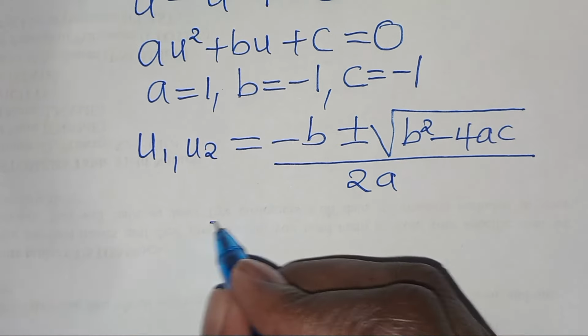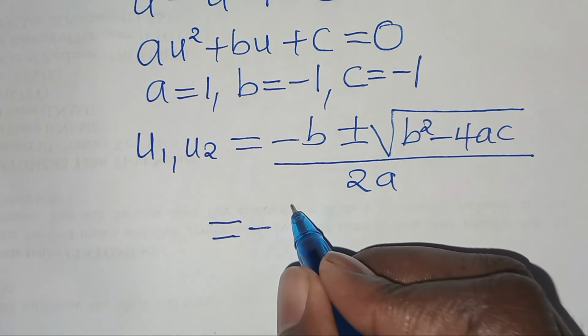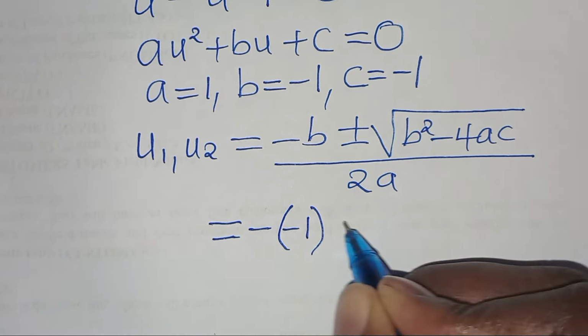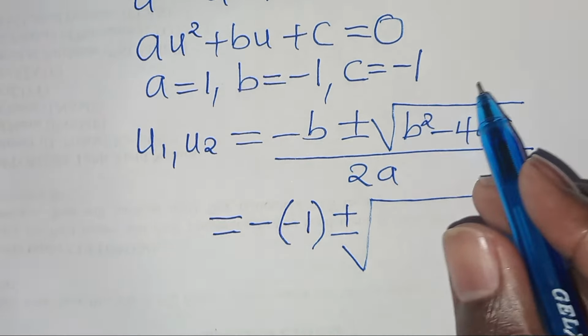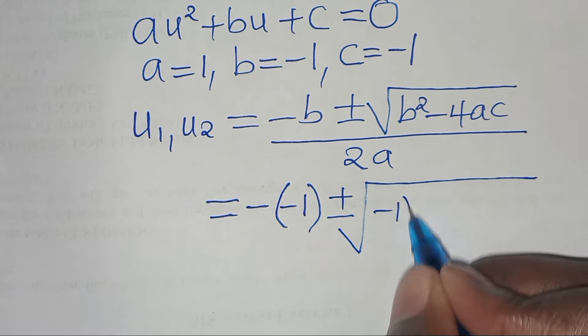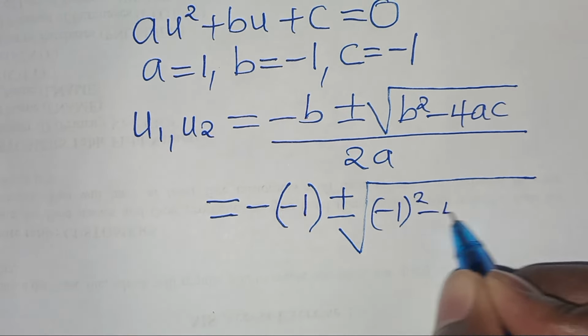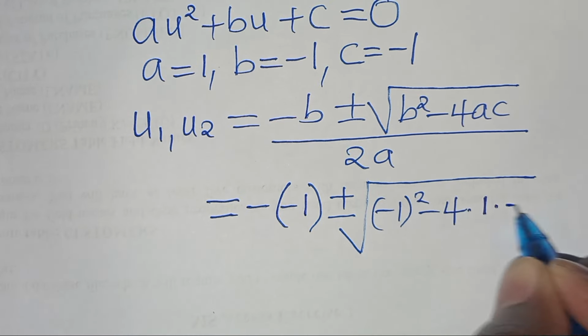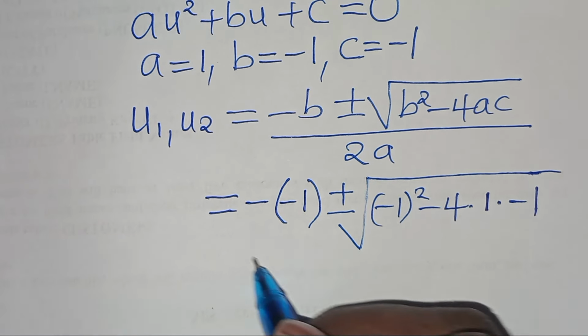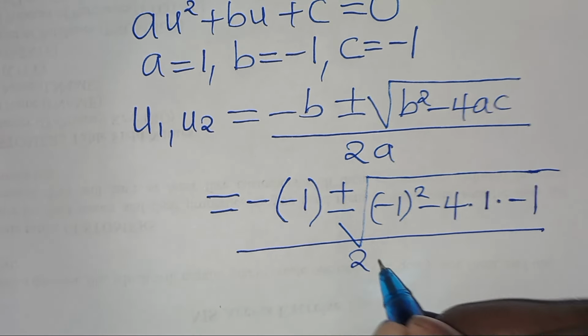So the next step from here, we have minus times minus 1 plus or minus the square root of b squared, in this case minus 1 squared, then subtract 4 times a, which is 1, then times c, which is minus 1, everything here divided by 2 times 1.